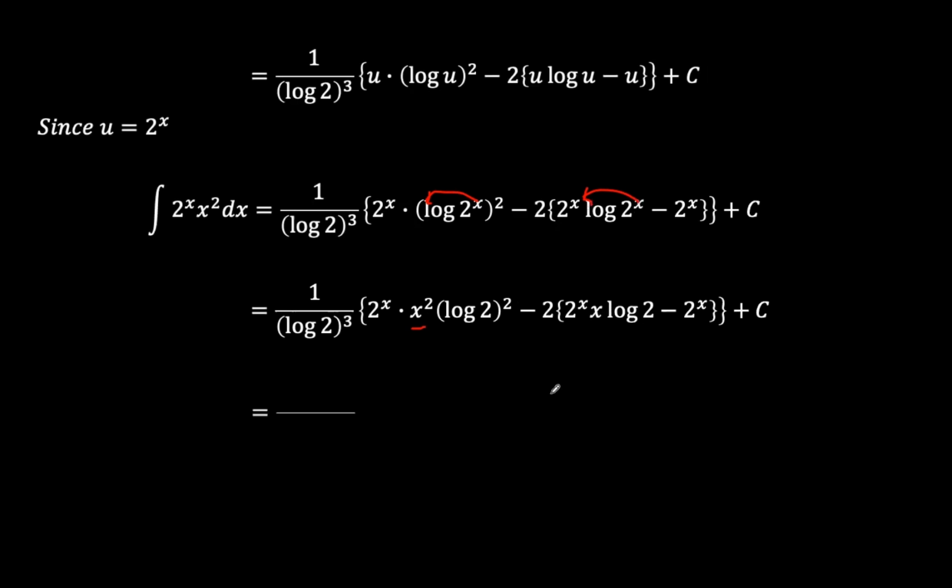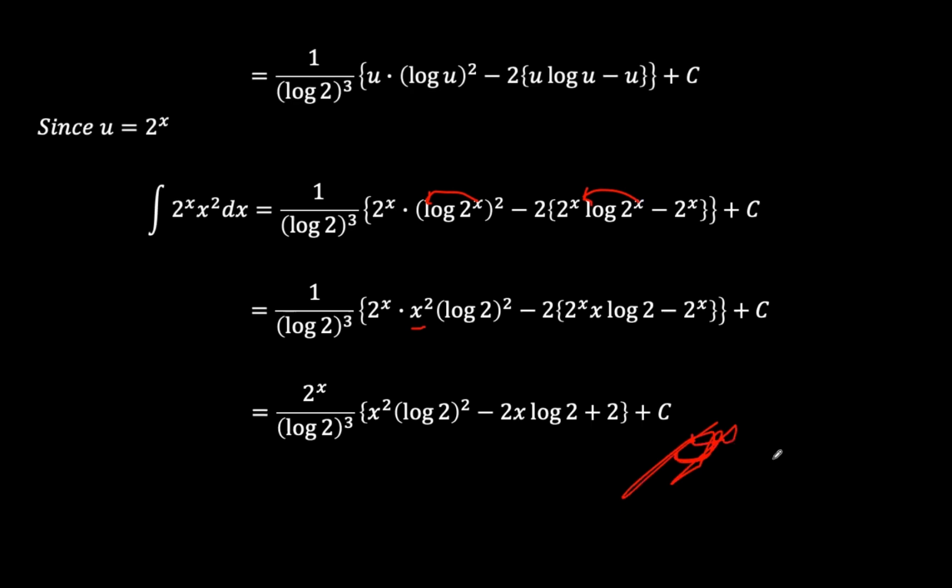And then when we open the brackets and factor out the 2 to the power x, we have x squared times log 2 to the power 2, minus 2x log 2 plus 2, and then plus integration constant. And this is the answer we've been looking for.